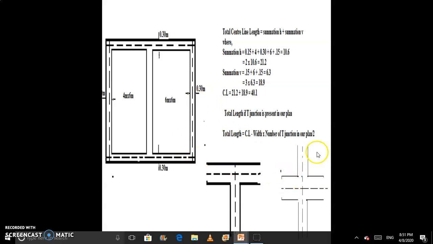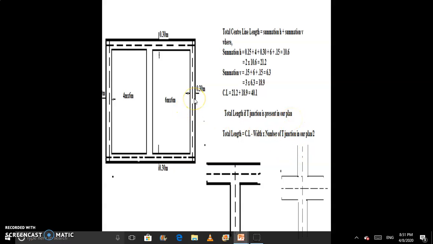But if we have a plus section, meaning a section like this, here you have to count the T sections as 2. One section is that part, and one section is that part. So where you get this plus sign, you have to count two sections.